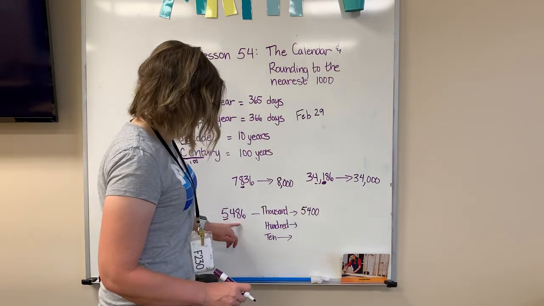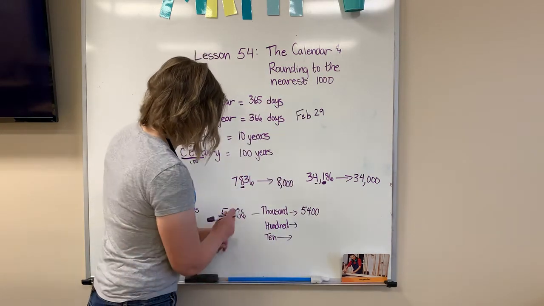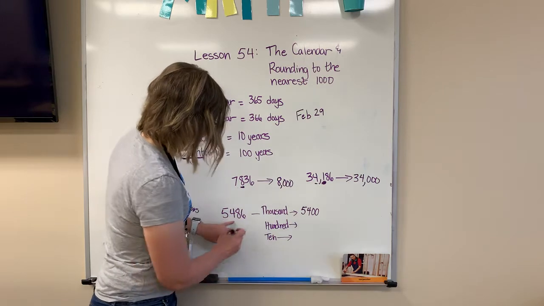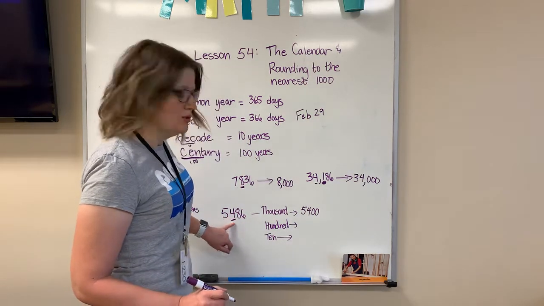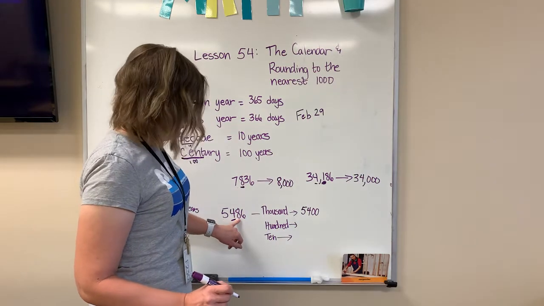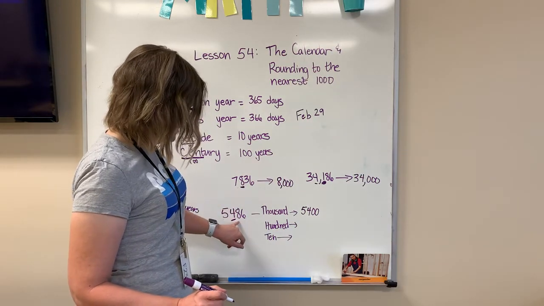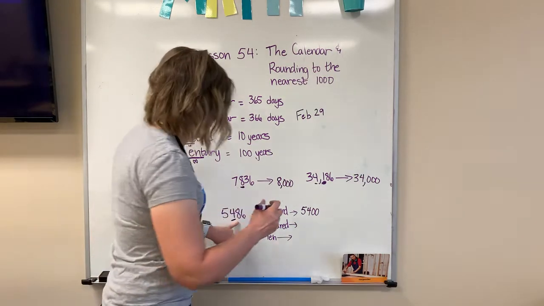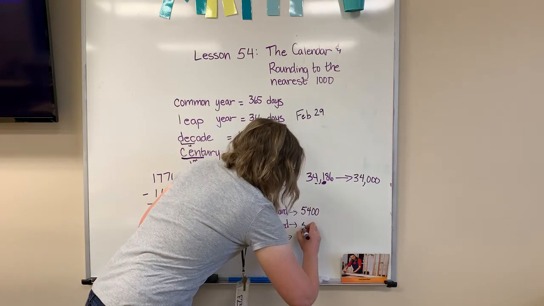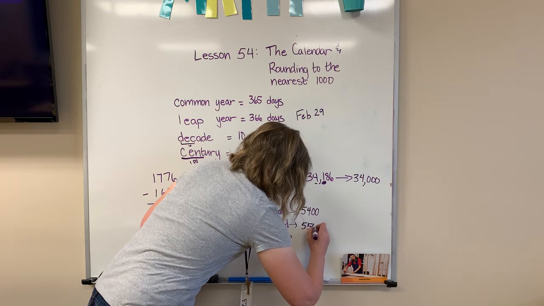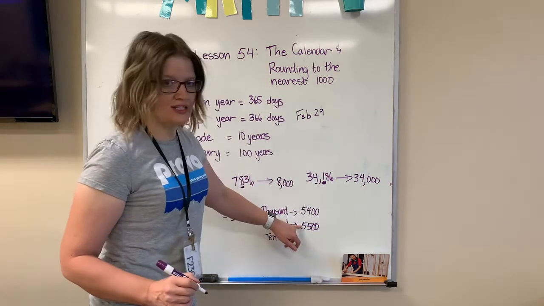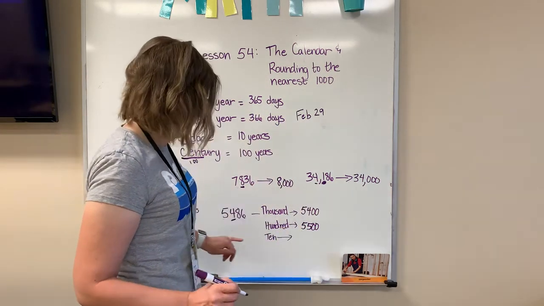Then they want us to go to the nearest 100. So we look here again. This is our 100, 4. We look next door. Our 10 is an 8. We round up. So 5,500 would be rounding it to the nearest 100.